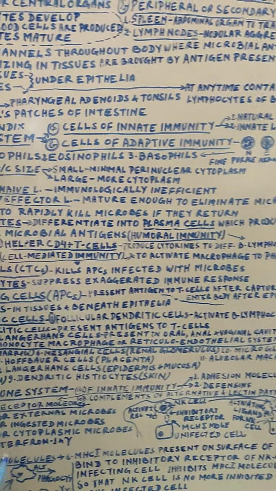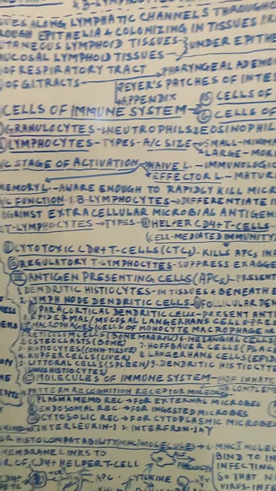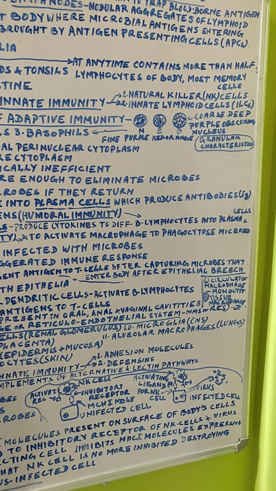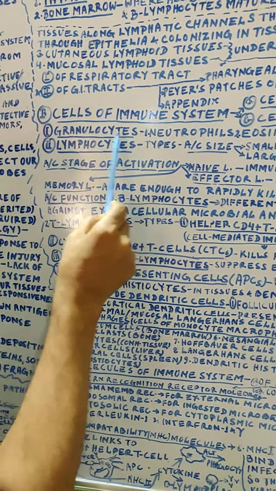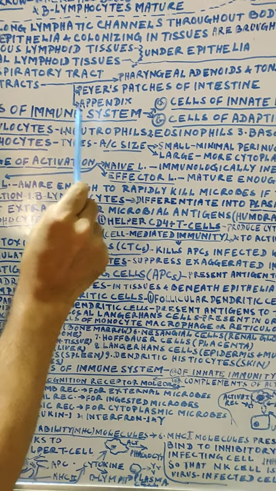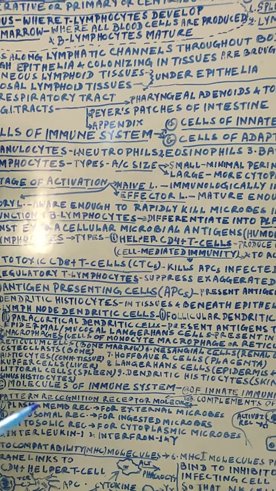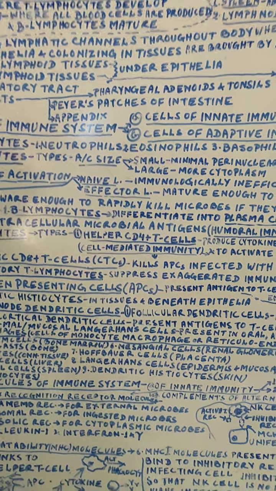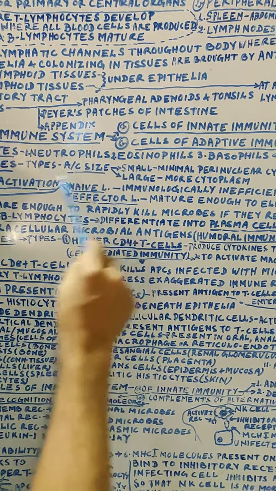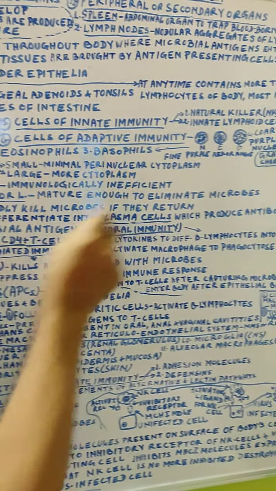These are the cells of innate immunity. And cells of the adaptive immunity are of different types. Number one is the granulocytes. Now granulocytes, you already know, are the blood cells whose cytoplasm contains certain granules. That's why these are known as granulocytes. This may be of three types: neutrophils, eosinophils, and basophils.